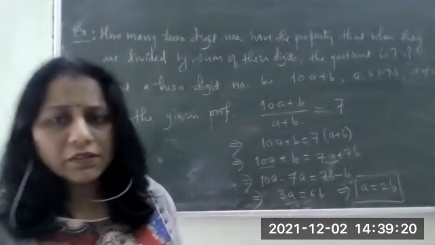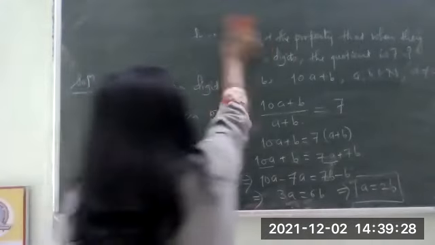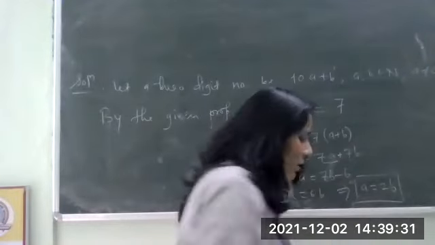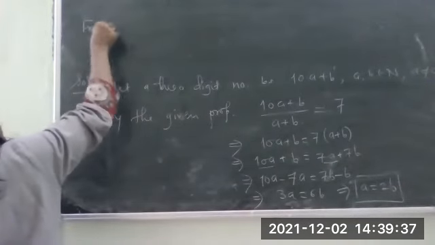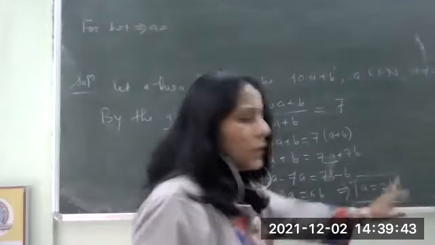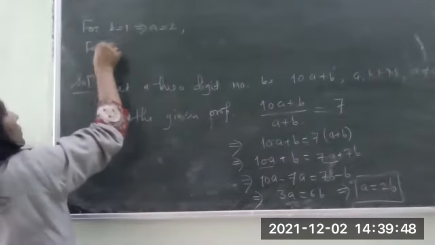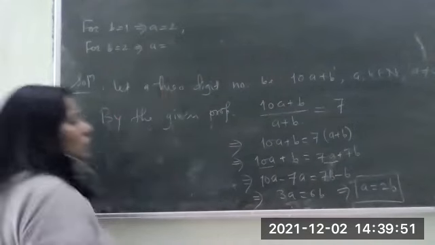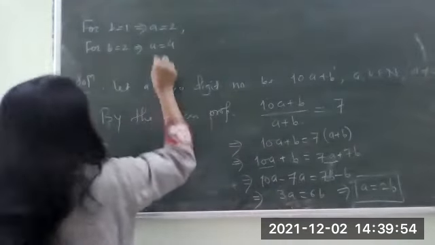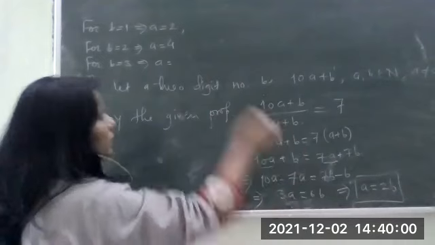Now I give different values for b starting from 1, and I can find the values for a. If I put b equal to 1, a equals 2 ones are 2. If I put b equal to 2, a equals 2 twos are 4. For b equal to 3, a equals 3 twos are 6.